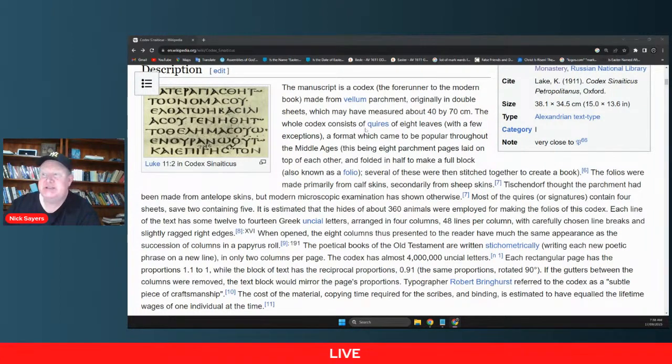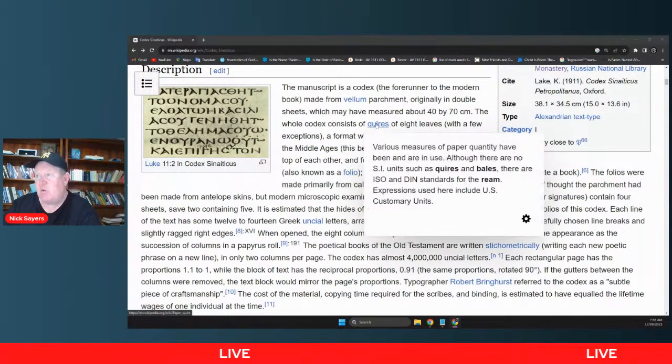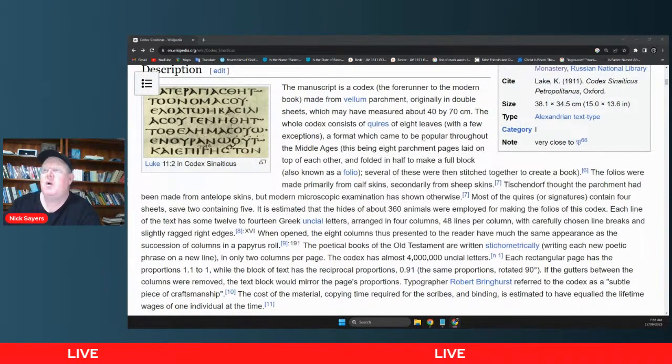The codex consists of quires. A quire is a measure of paper quantity, like the bale, although there are no SI units. It's a measure of 8 leaves, with few exceptions.